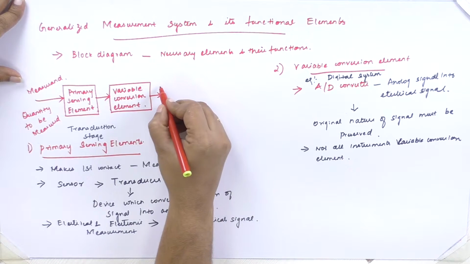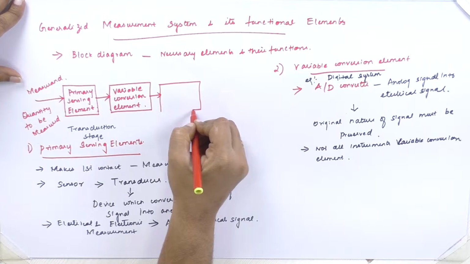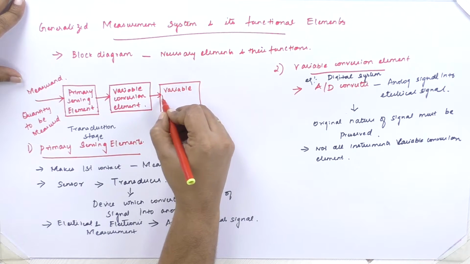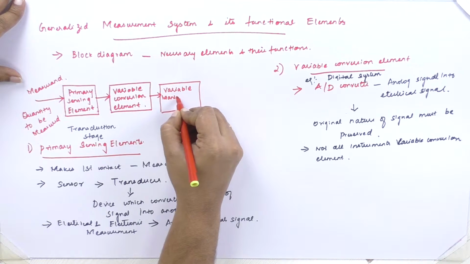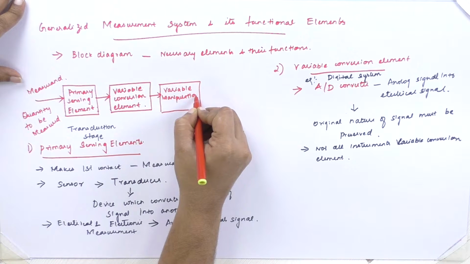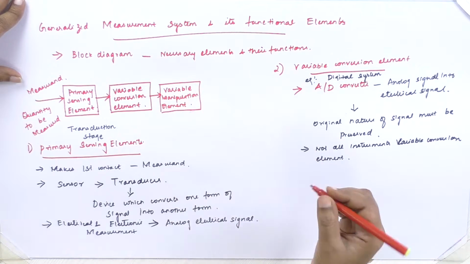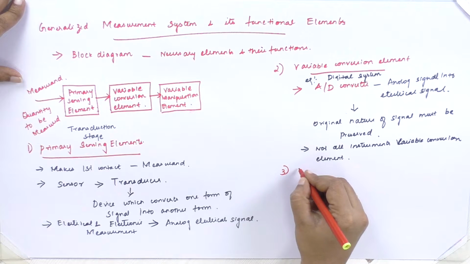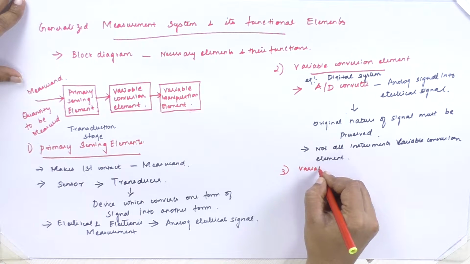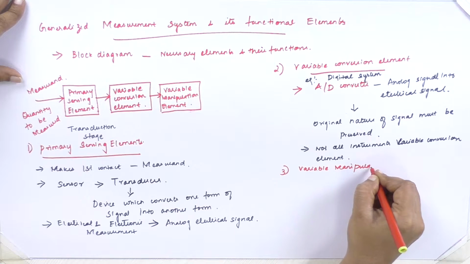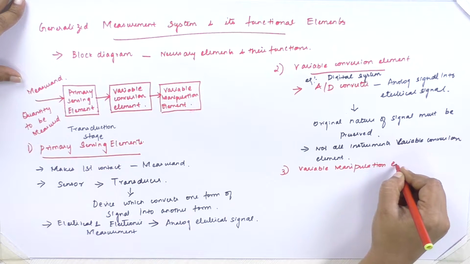The next element is the variable manipulation element. Let us see what is the variable manipulation element.